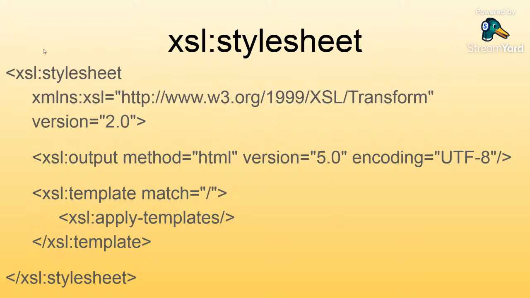The root element in this case is called stylesheet, in the XSL namespace, and it has some namespace declarations. This is telling me that whenever I use the xsl prefix on an element, this is the namespace it refers to, and it's also saying that we're using XSLT in this case.